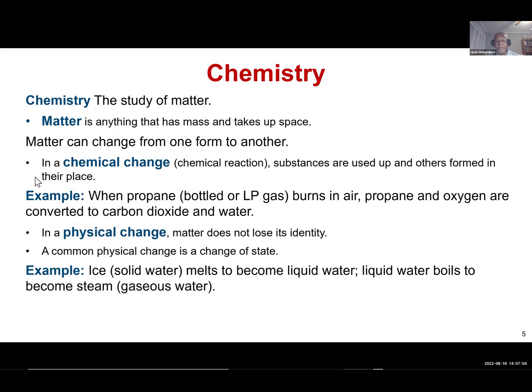So the substance never changes. Do you get the idea now? Basic difference between a chemical change and a physical change. Yes, sir. Great. Hang on to that idea. It's a very important idea.